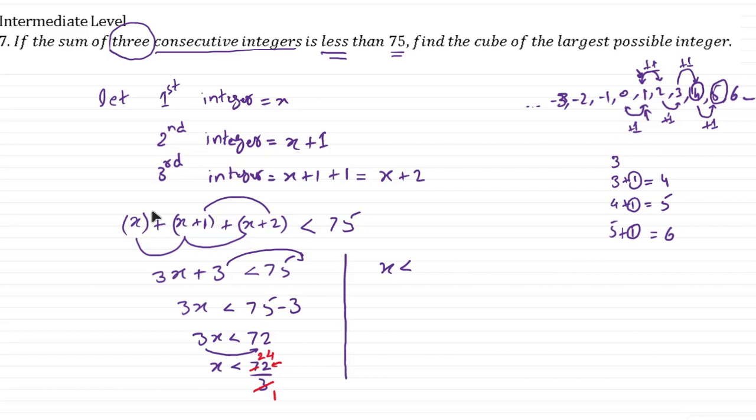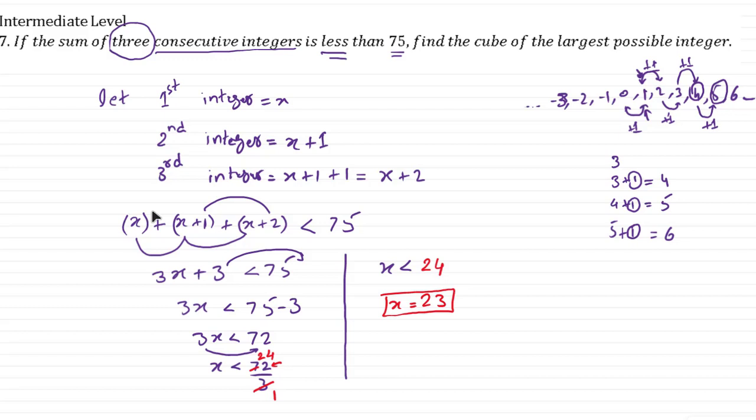So it will be 24. x is less than 24. And what is less than 24? The consecutive integer which is less than 24 is 23. So x must be equal to 23.